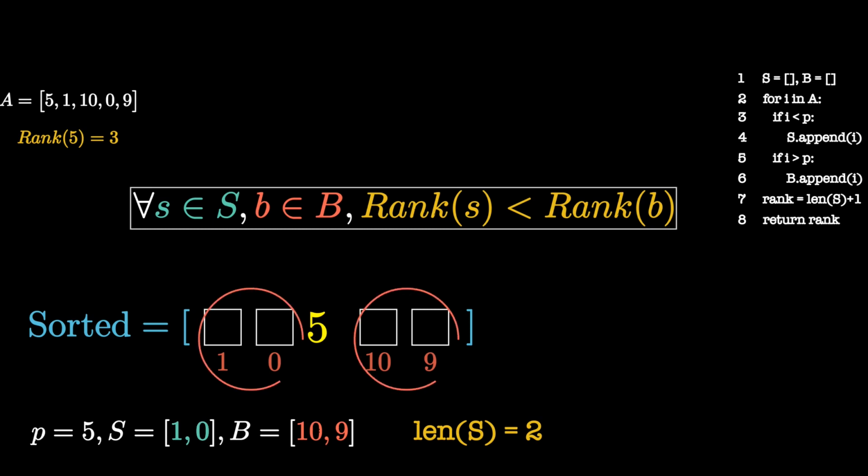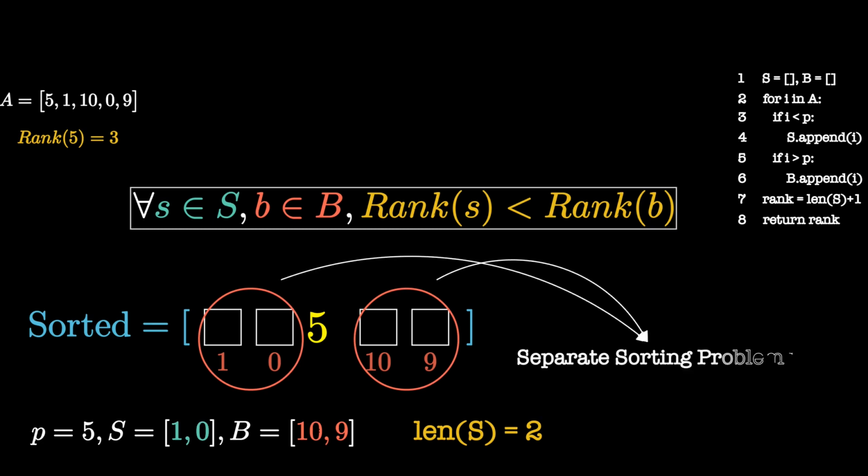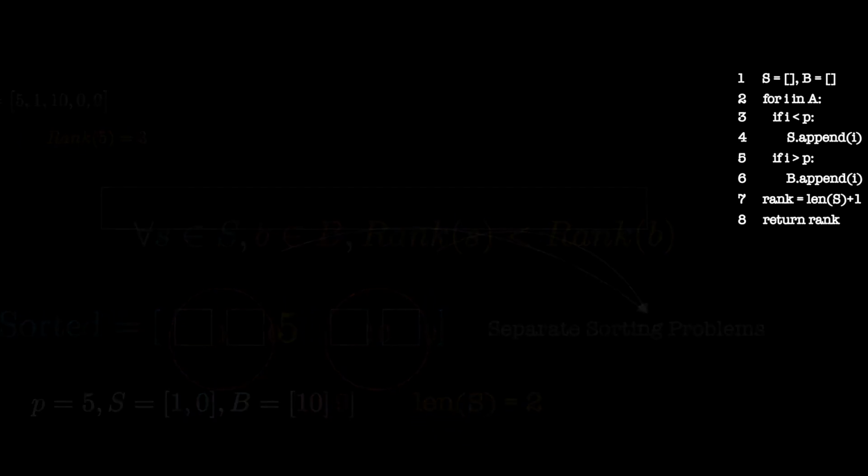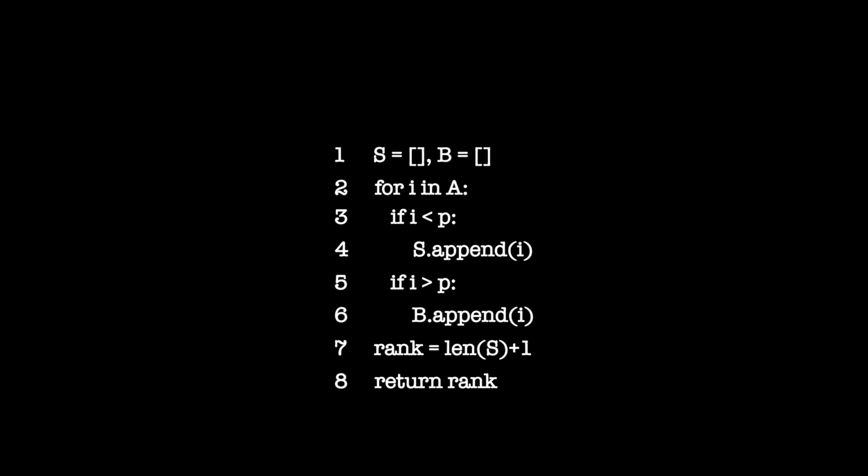But how does that help us? Well, it helps us because now we can treat these two lists as two separate sorting problems. We are never going to have to compare an element in S with an element in B. Let us write this down in our modified QuickSort algorithm.